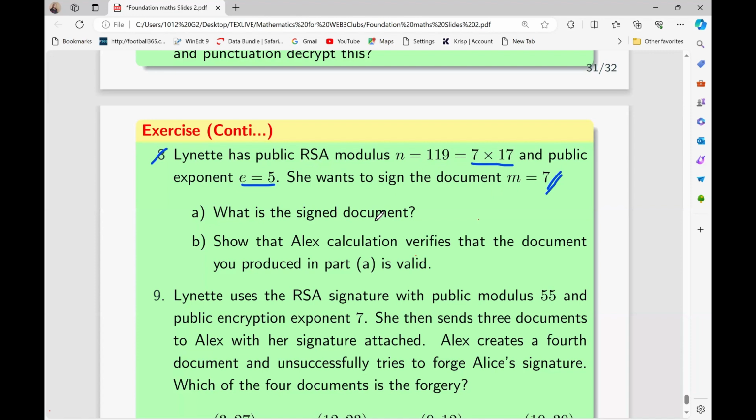The signed document is supposed to be 7^D. Because what is she supposed to do? She's supposed to take this 7 and raise it to D. So for you to answer this question, you must find D.